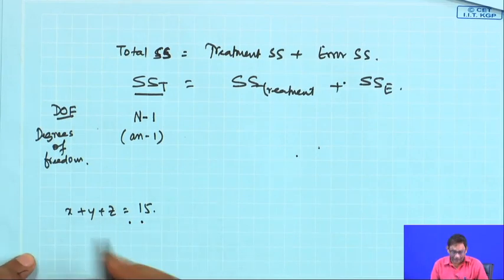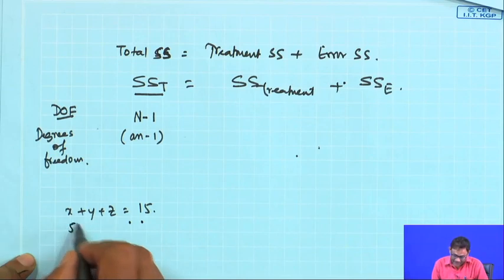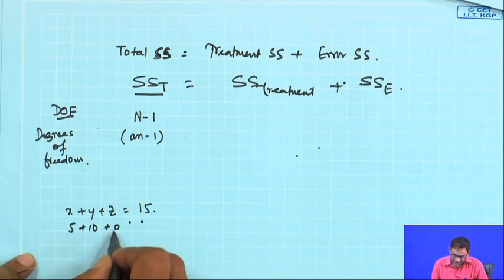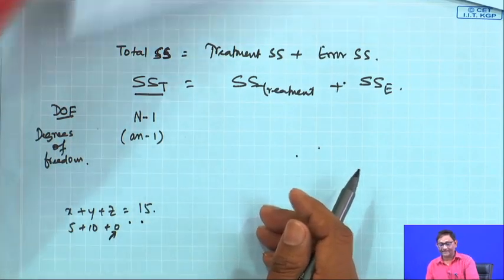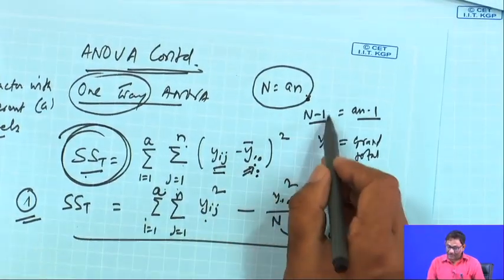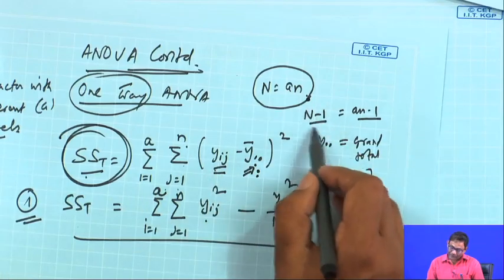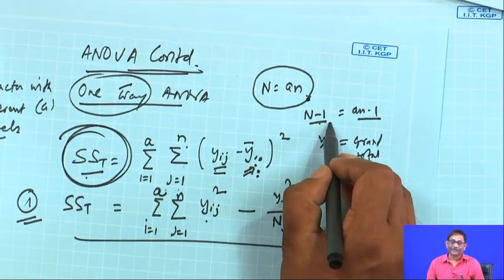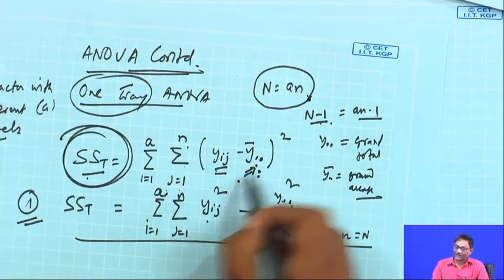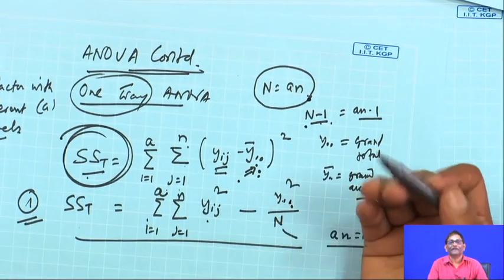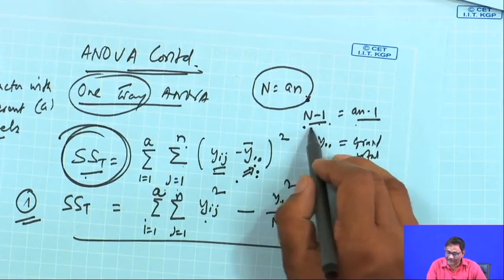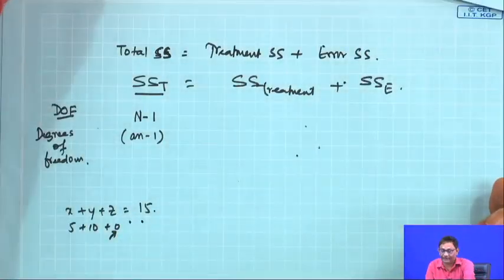You have 2 degrees of freedom. The reason is, if you write x as 5 and y as 10, then z will automatically become 0. The same thing happens here. As soon as you put N minus 1 observations here, the Nth observation will automatically be calculated. So, you have effectively N minus 1 degrees of freedom.